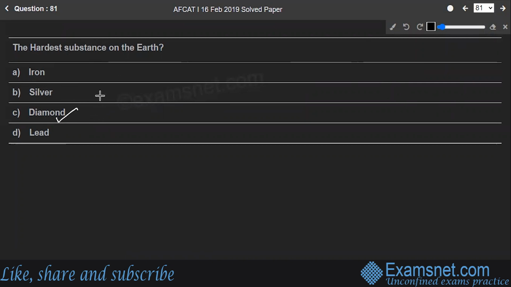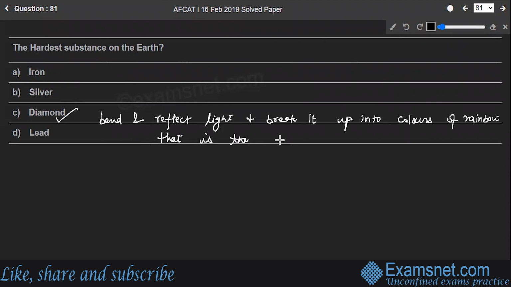Diamonds also bend and reflect light and break it up into the colors of the rainbow, which is what gives them their sparkle. That is why they sparkle. So this is the hardest substance on earth. Option C, diamond. Hope you are clear with this.